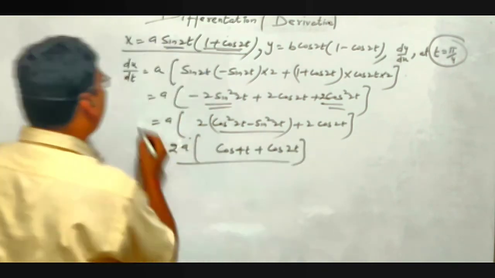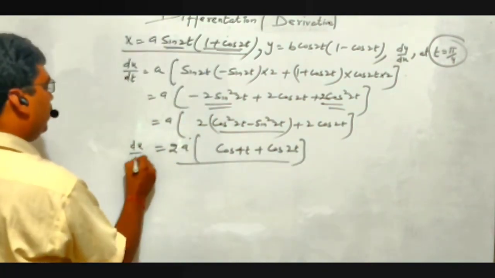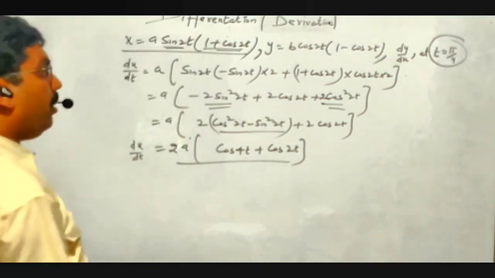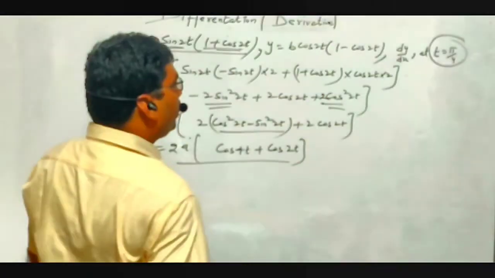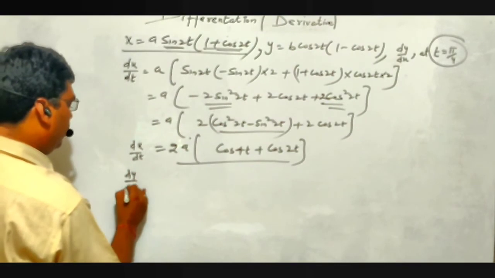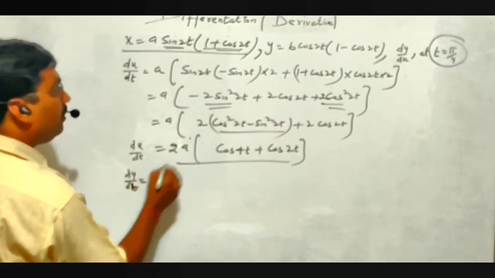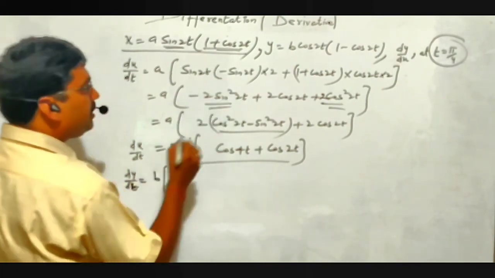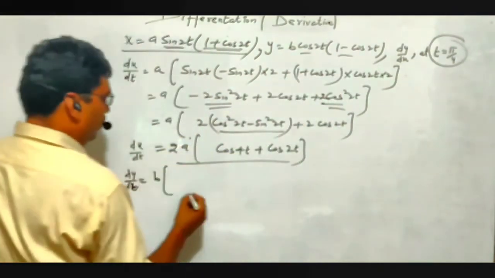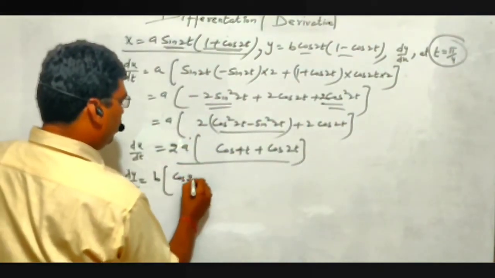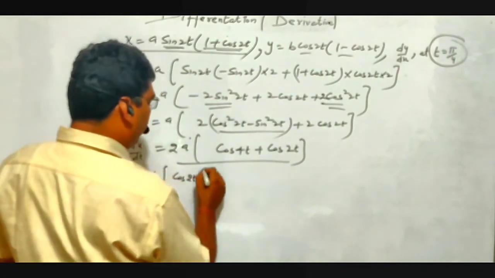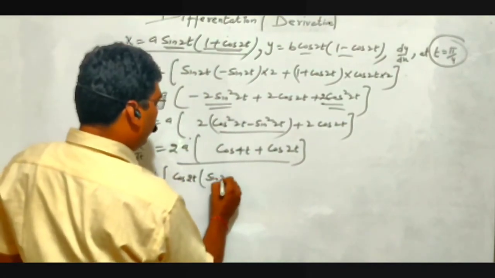That is the answer of dx by dt. Now the derivative of y, dy by dt: b as it is, u into v.